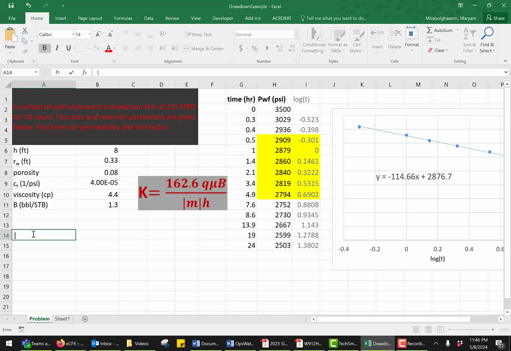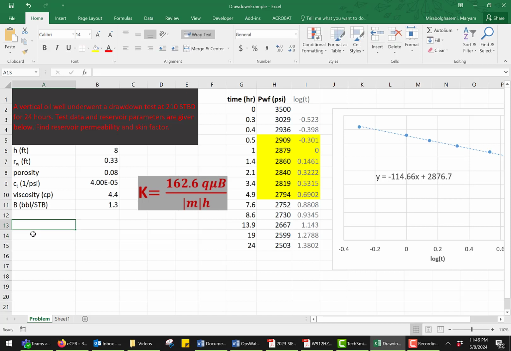So the absolute value of the slope in psi per cycle is, in this case, 114.7.